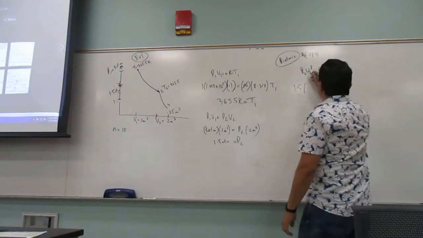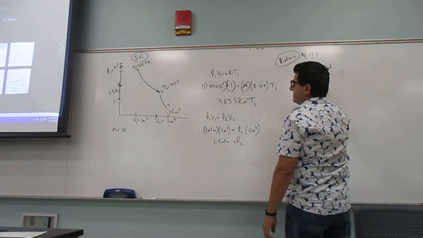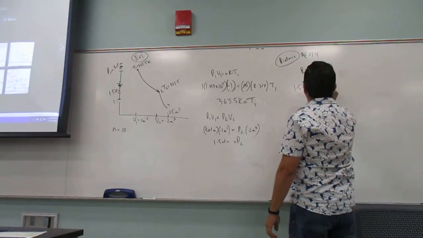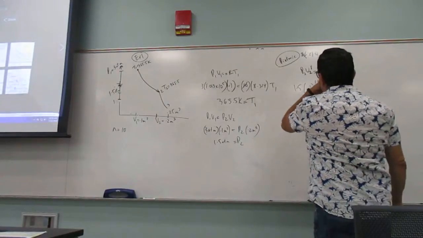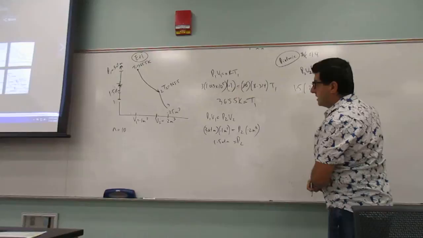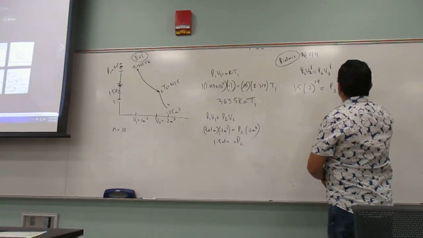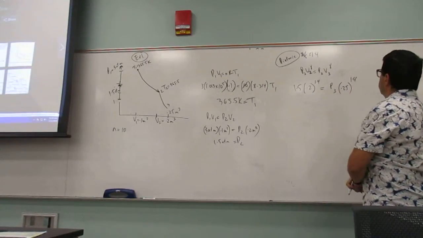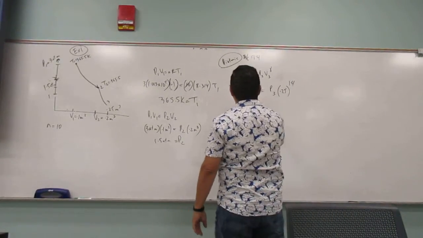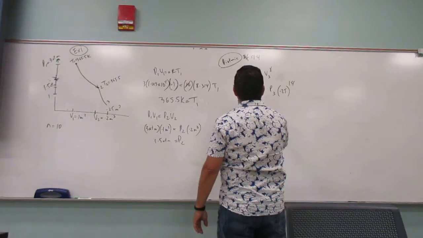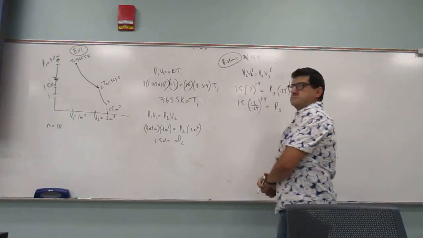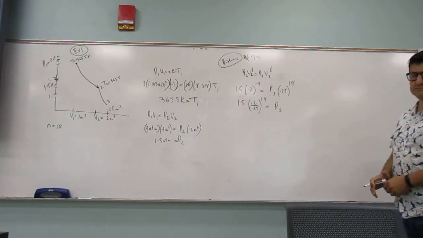So V2 is 0.2 to the 1.4 power, and V3 they told us is 0.25 to the 1.4. So how do I find P3? It's just a simple ratio, right? Okay.